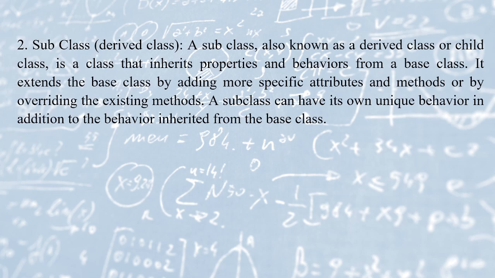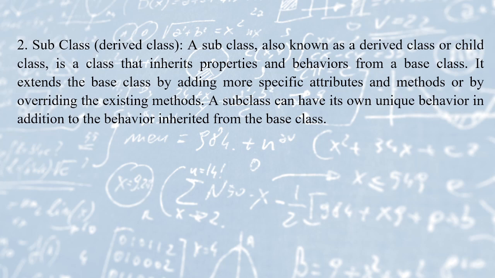Now a subclass is a class that inherits properties and methods from a base class. So it is inheriting. A subclass, a class which inherits. And where will it inherit from? Superclass.